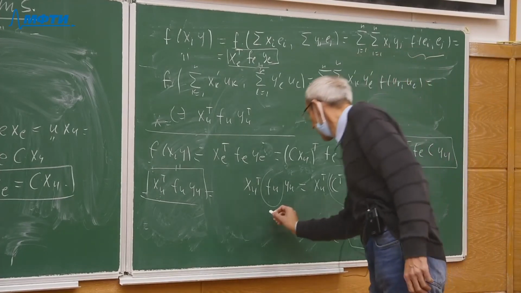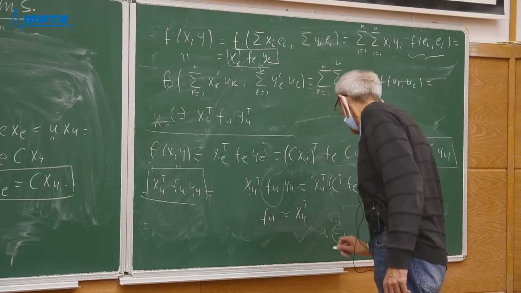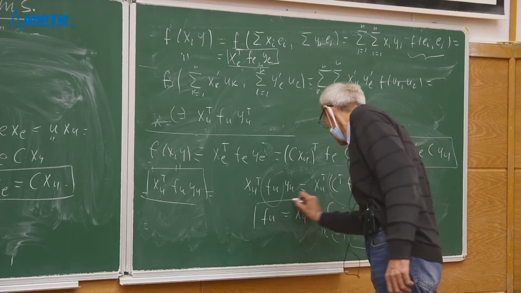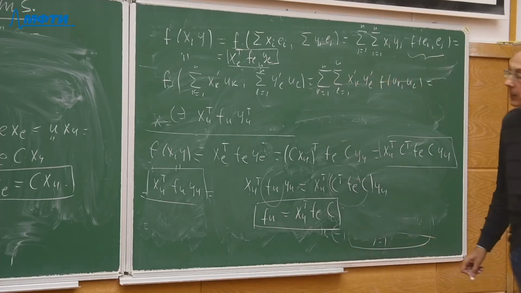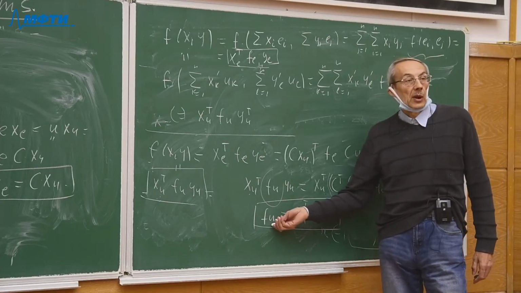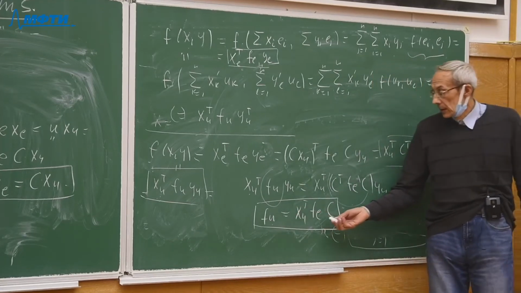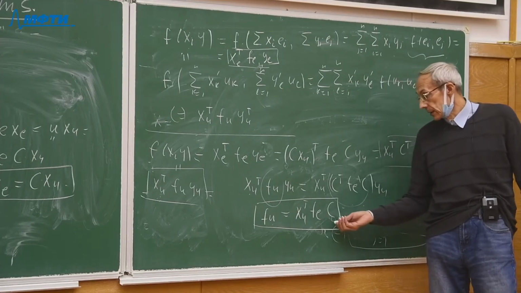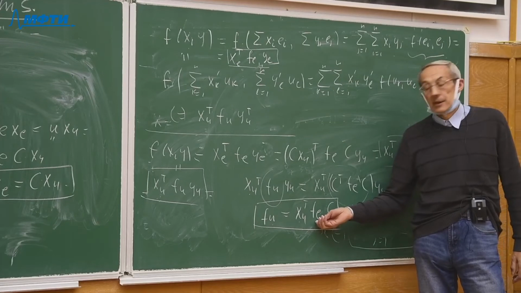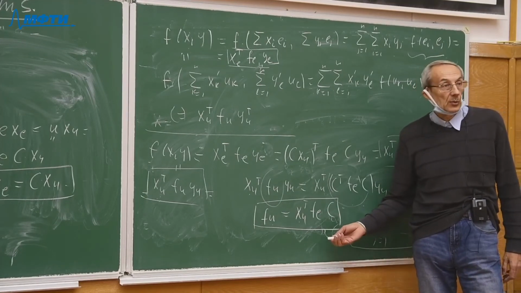And we obtain the formula for changing the matrix of the bilinear form when we change the basis. The matrix of the bilinear form in the new basis can be expressed as a product of the transition matrix C, its transpose, and the matrix of the bilinear form in the initial basis.